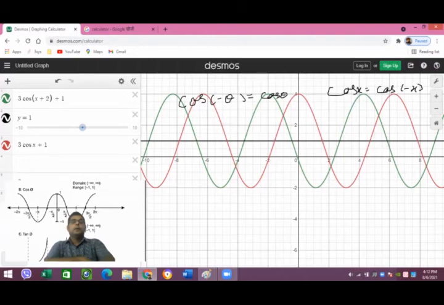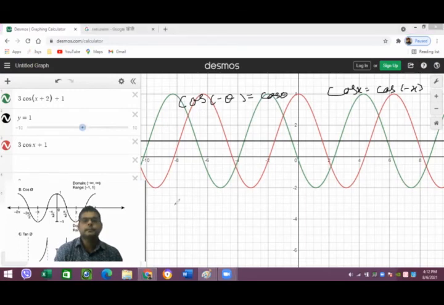After doing all these works for both sine and cosine functions, you have to note the main points. The amplitude is given by, for the sine function I am talking, and also for the cosine function.